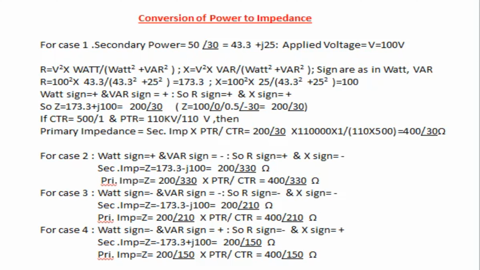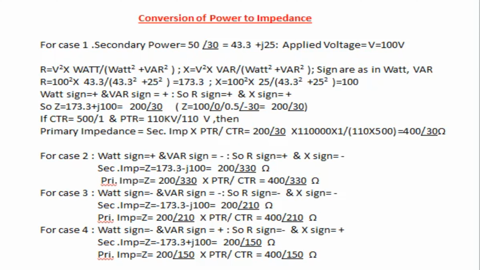So Z is equal to 173.3 plus J100, equal to 200 angle 30. That is, Z is equal to 100 divided by 0.5 angle minus 30, equal to 200 angle 30. If CTR is 500/1 and PTR is 110 kV/110, then primary impedance, secondary impedance into PTR by CTR, is equal to 200 angle 30 into 110,000 into 1 divided by 110 into 500, equal to 400 angle 30 ohms.